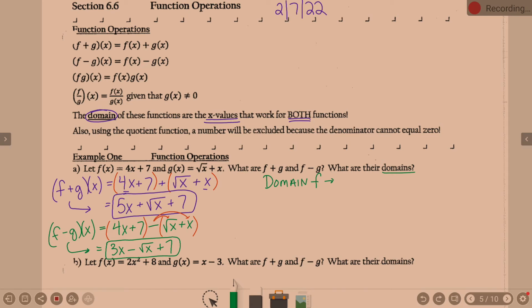F was 4x plus 7. Are there any types of numbers that I can't put in there? Are there any types of numbers that I can't multiply by 4 and add 7 to? We can put positive, negatives, fractions, decimals. We can put them all in there, can't we? You can take any number you want, multiply it by 4, add 7. So my domain for f, I'm going to say all reals. There's no restrictions there. We'll talk about restrictions when we get down to like square roots and division and stuff.